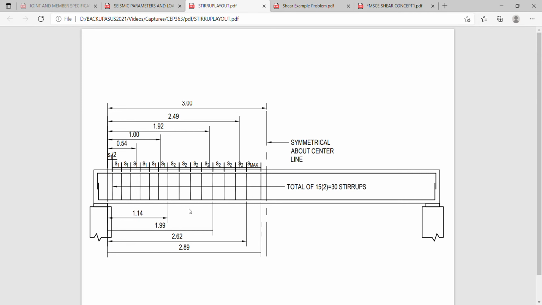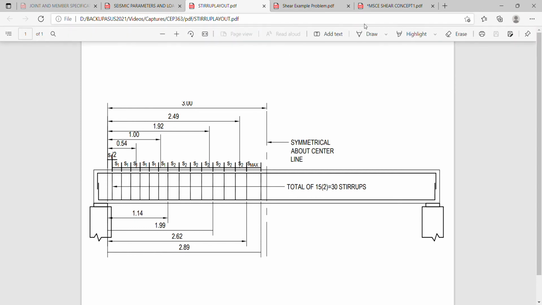So if I want to lay out the stirrups on the basis of how many stirrups are needed, I have to do it very systematically, because the spacings are only calculated spacings. I have to be practical in my way of arranging them. Okay, so you do it this way.